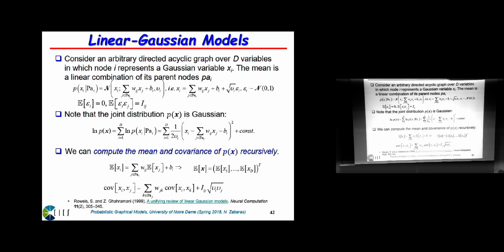It's called linear Gaussian because the mean is a linear function of the parents. The linearity comes everywhere. It's Gaussian because not only is the conditional distribution of xi given the parents Gaussian, but you can also show that if you multiply all of these Gaussians with each other, expand, and close the square, the joint distribution is also Gaussian.